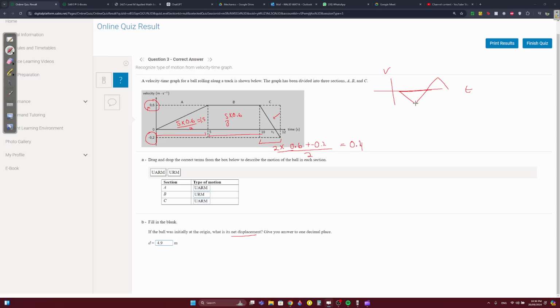Since it's all in the negative, you just take the height, which in this case is negative, say negative 0.4. Here you just take the height because all of it is on the negative side. But why I added them before is because a part of it is in the positive and a part of it is in the negative. So we just add it up: 1.5 plus 3 plus 0.4, you get 4.9.